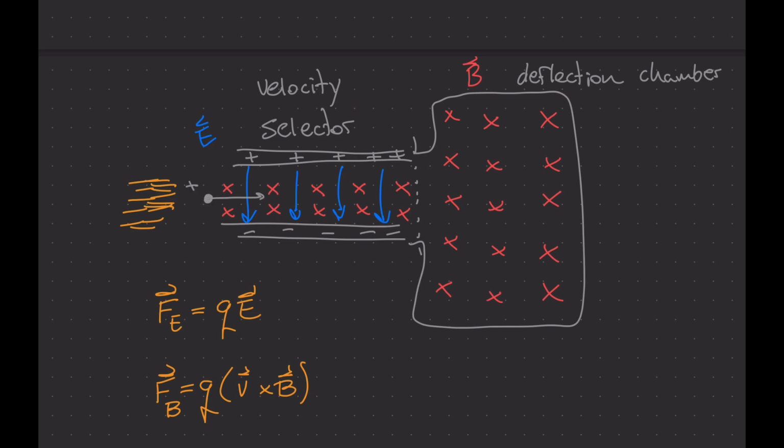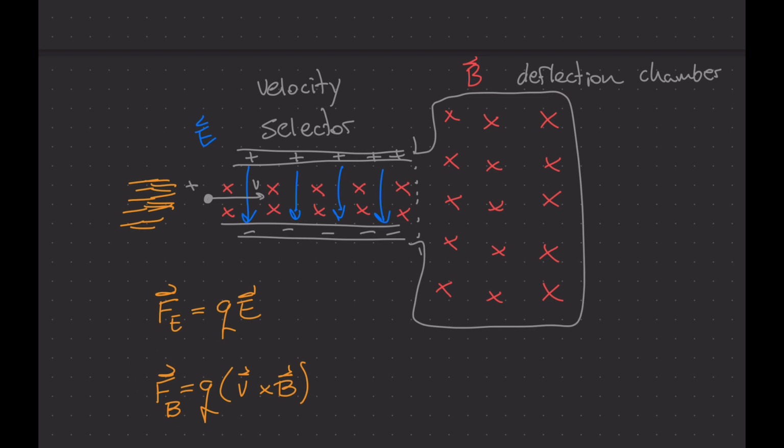and it is a positive charge, and it has a velocity going this way. If it's a positive charge and its velocity is going this way, the electric field will pull it in the direction of the electric field because it's a positive charge. If it's a negative charge, it would pull it in the opposite direction. Now, since this guy has a velocity v, it also will feel a magnetic force, right?